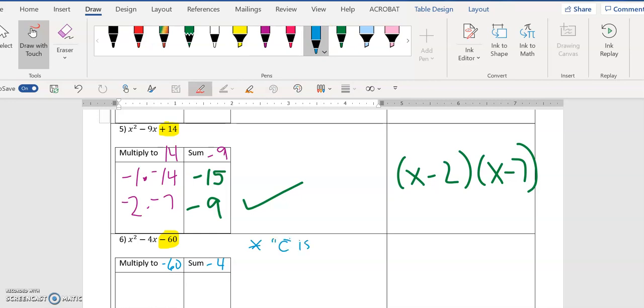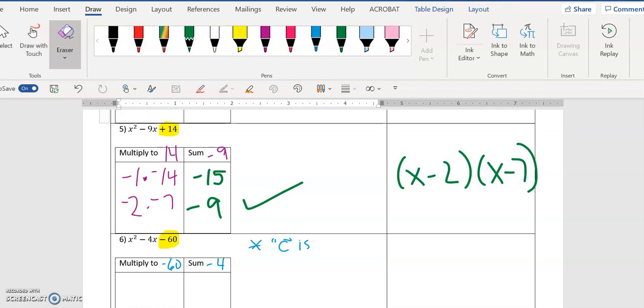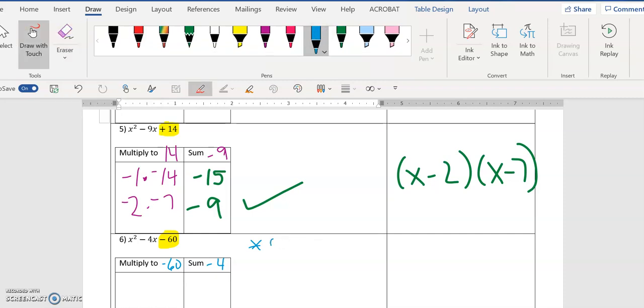the last number we call C. If C is negative, if the last value is negative every time, one of your factors is negative.